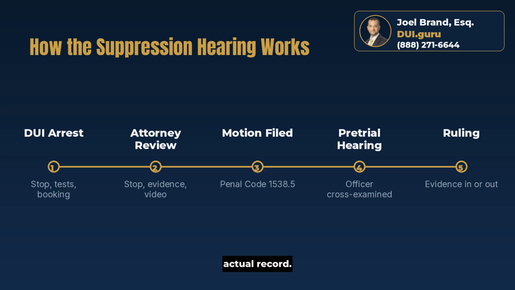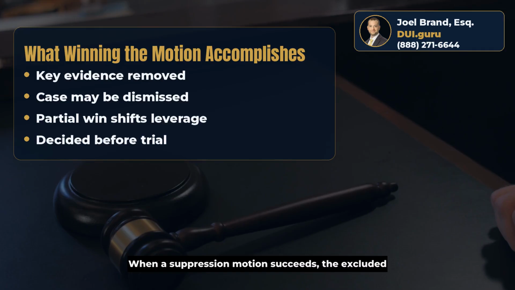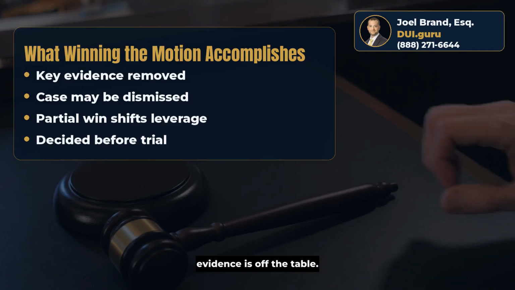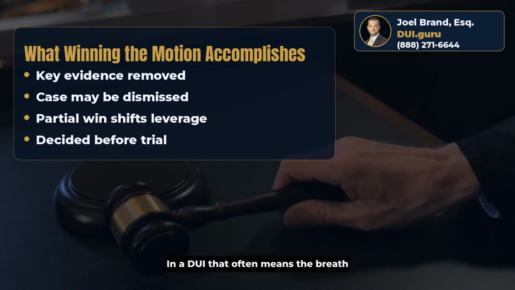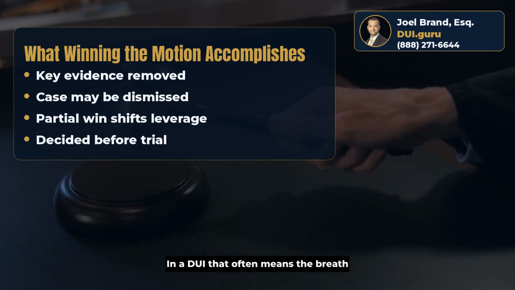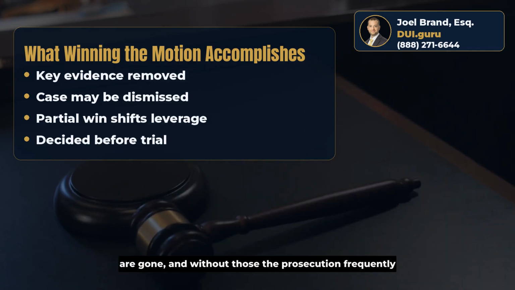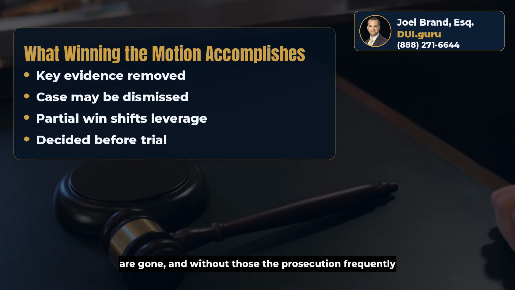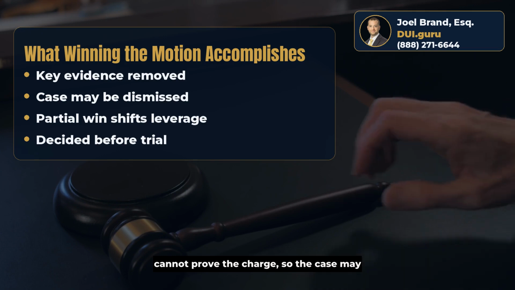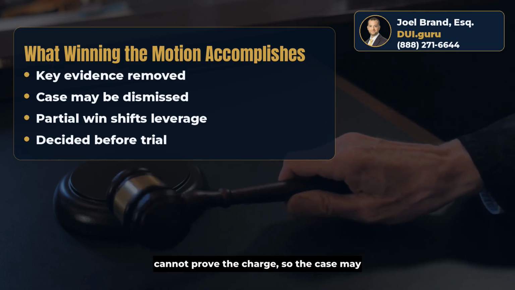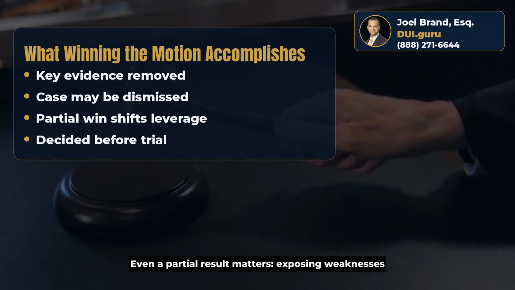When a suppression motion succeeds, the excluded evidence is off the table. In a DUI, that often means the breath result and the officer's direct observations are gone, and without those the prosecution frequently cannot prove the charge, so the case may be dismissed. Even a partial result matters.